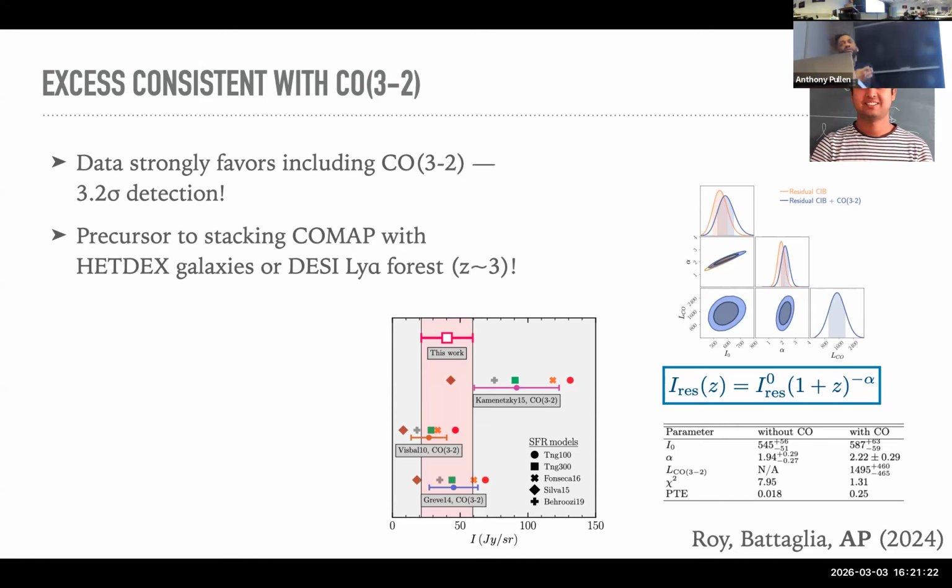This would be at redshift 3, which would be more in the range of cosmic noon, redshifts 2 to 3. So it was exciting to see this analysis, but more work needs to be done.